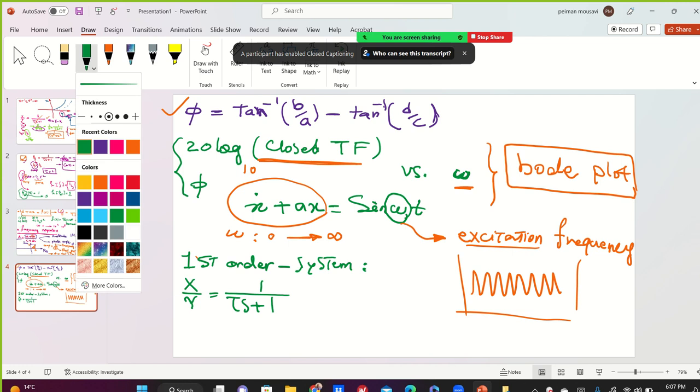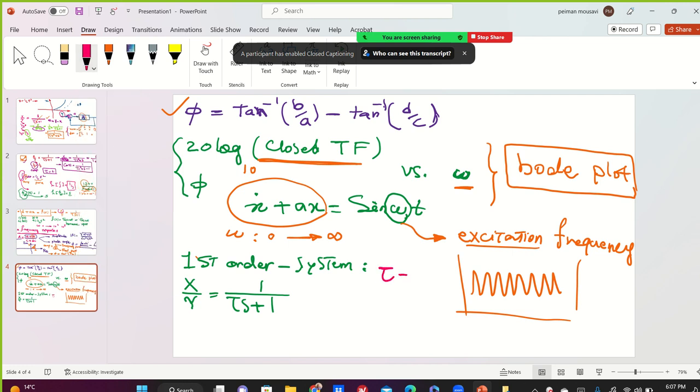For teaching purposes, only for simplicity, let me say the time constant of the system is 1. Do you care? No, you don't care. It's going to be 1 over s plus 1. First order system.